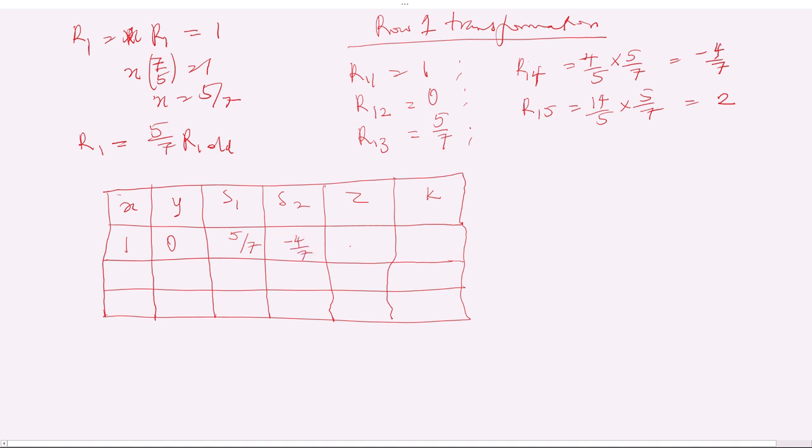Then we count columns 1, 2, 3, 4, 5, and the fifth is 2. Then the K, so it should be set.